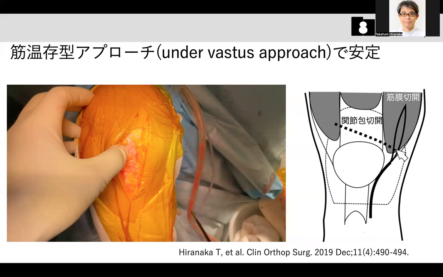Several doctors moved to the subvastus approach after observation in our hospital, and then patella tracking became very stabilized. If every surgeon used the subvastus approach, maybe most of the problems in the patellofemoral joint can be resolved, I believe.